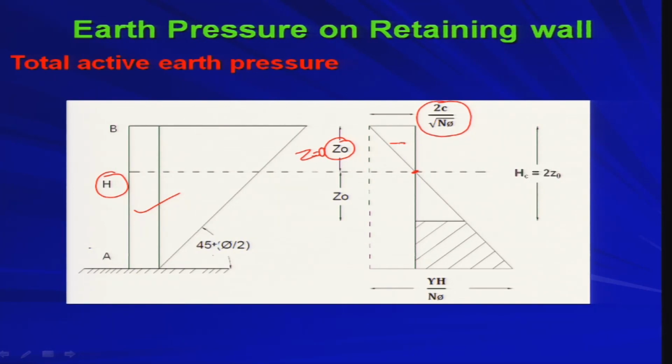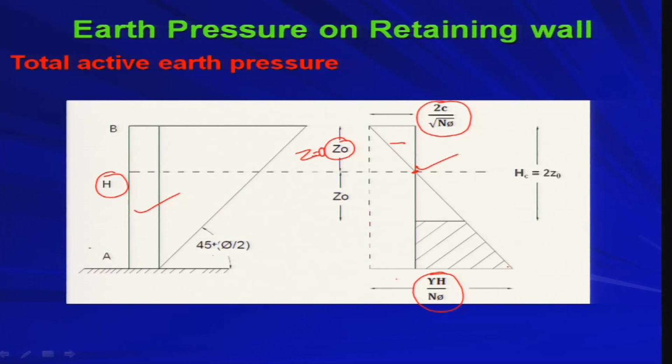From this point onward you will be getting K into the distribution, whatever magnitude you get. So from this to this you will be getting this. At the bottom you will see gamma H into N phi.